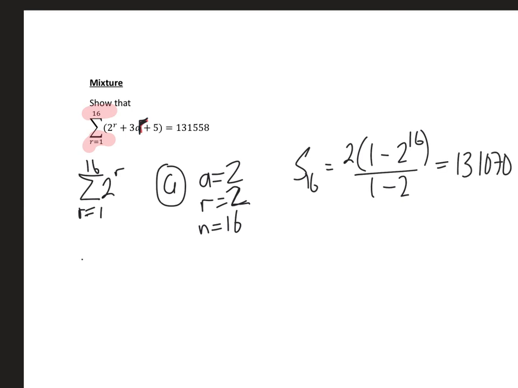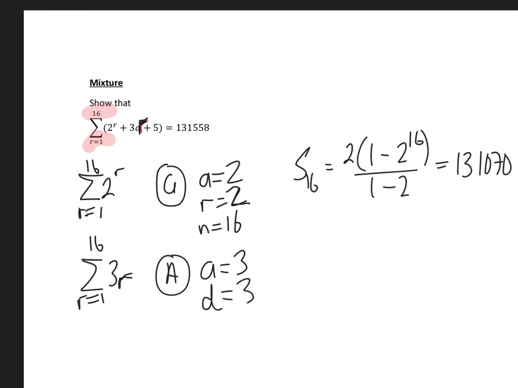I get 131070. If I look at the second one, r is 1 to 16, 3r. Well, that formula looks like a geometric one. Sorry, an arithmetic one. So here a would be 3. The first one would be 3, and the common difference would be 3, and there's 16 terms.